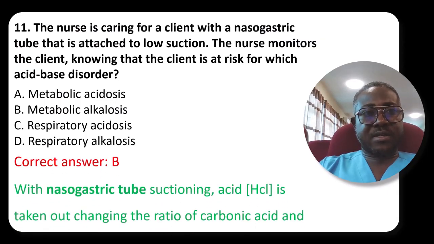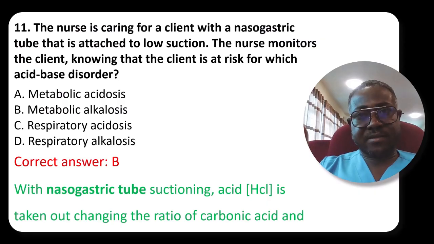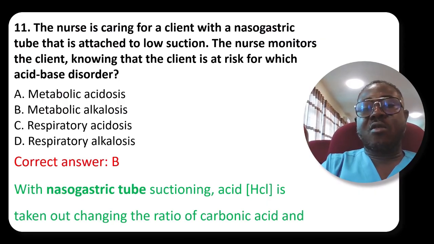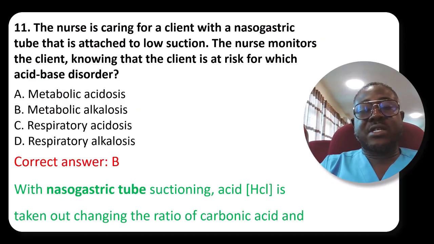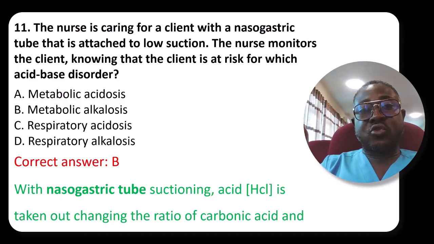Let's look at the question. You are caring for a patient with a nasogastric tube, and you are suctioning the nasogastric tube. So it means you are suctioning the GIT, specifically what? The stomach. So you are bringing out the content of the stomach, and we just learned that the stomach contains what? Hydrochloric acid. So it means you are bringing the acid out, leaving the bicarbonate, and that will lead to what?